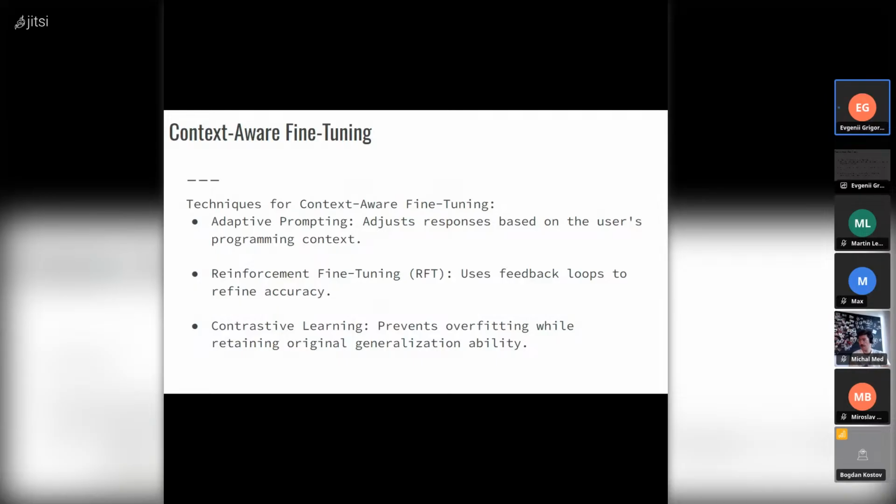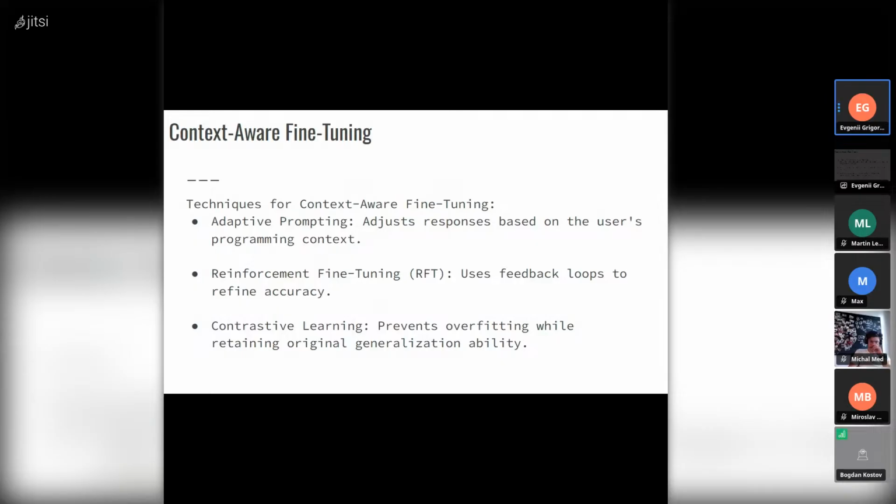For example, it will provide the answer in different languages. If we ask it to generate code in Python, it will generate code in Python. If you ask to generate code in Java, it will generate code in Java, and so on.